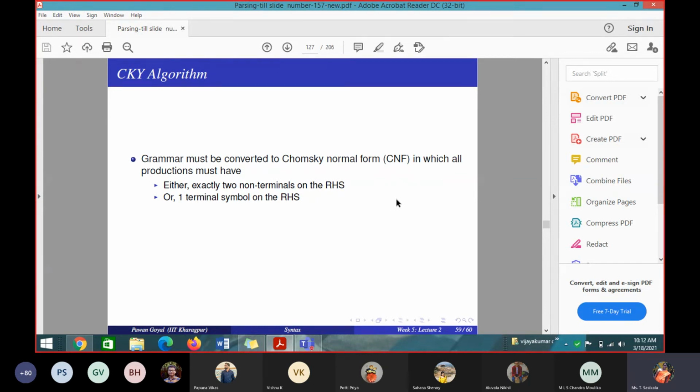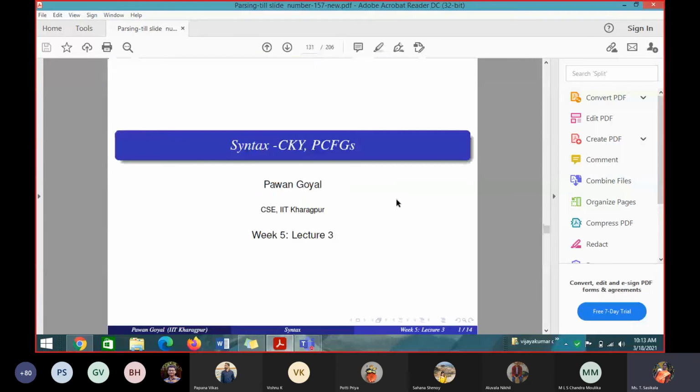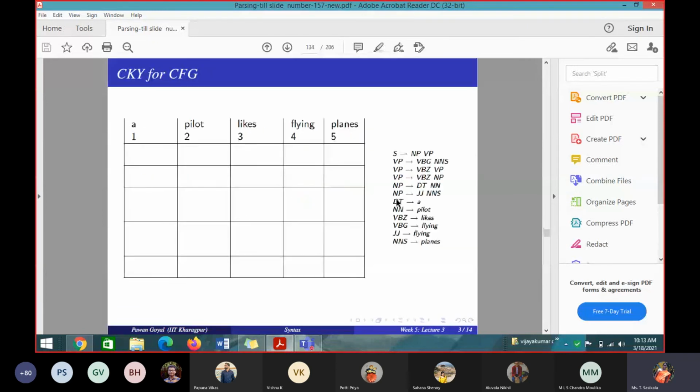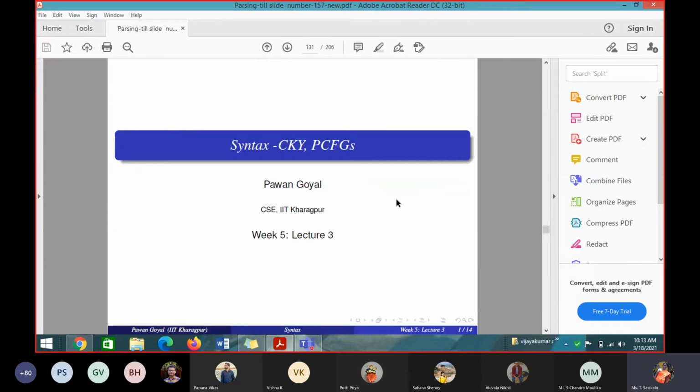Sometimes some rules will not obey this, then you have to convert, normalize that rule to this condition. That's why we call it Chomsky normal form. We will be using a triangular table format to draw the CKY algorithm, which we will see in the next class.